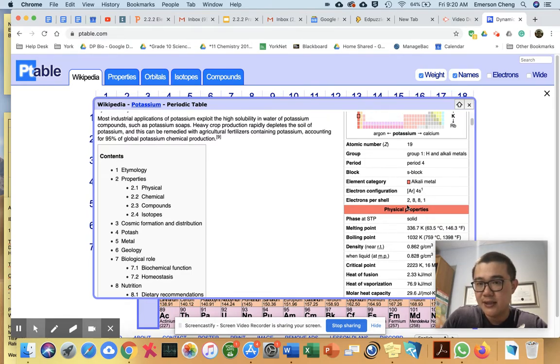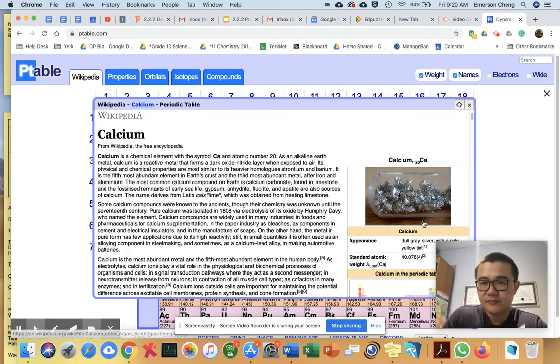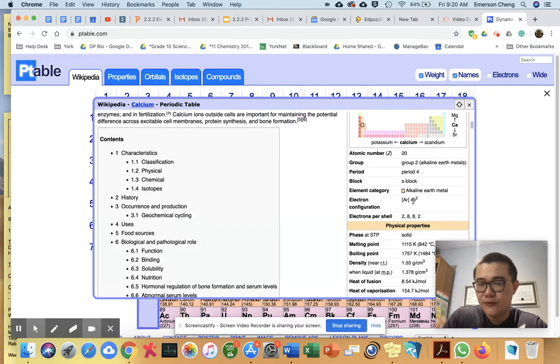As you can see, calcium is also 4s2, right? So this part, the 2 here, corresponds to 4s.